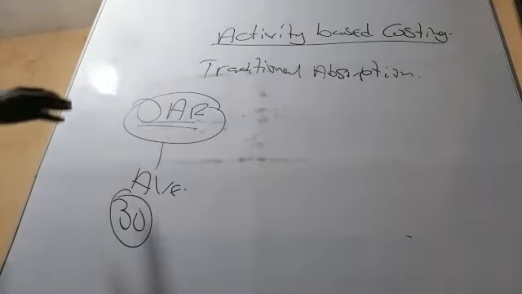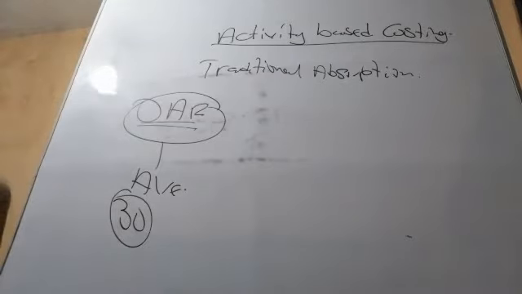But with activity-based costing, we do them individually, activity by activity. Like I said, you take your time and wash the leaves individually, one after the other, until you get all 30 leaves. So that's the basic difference.